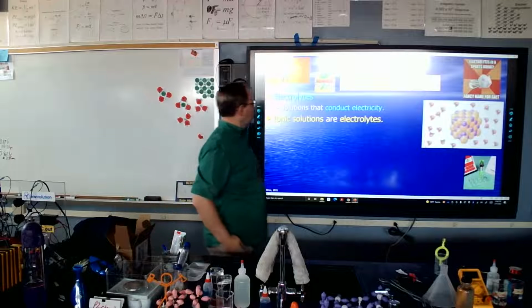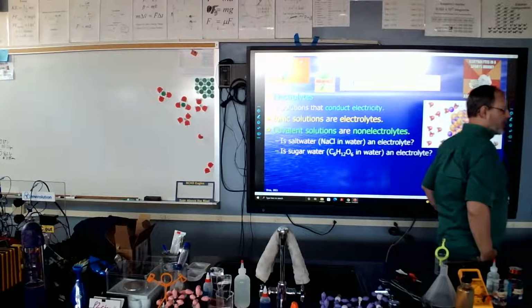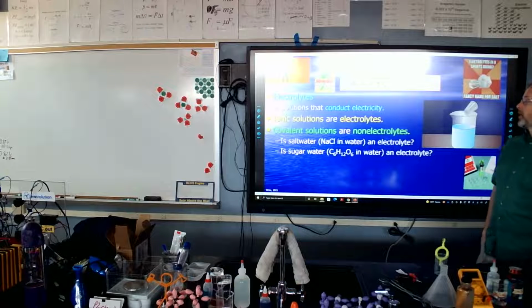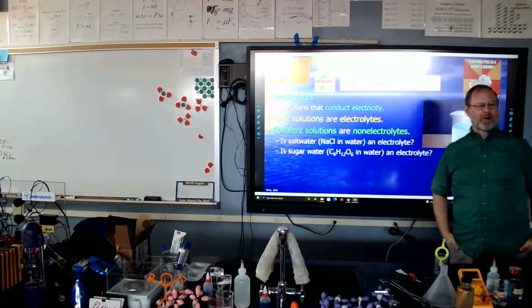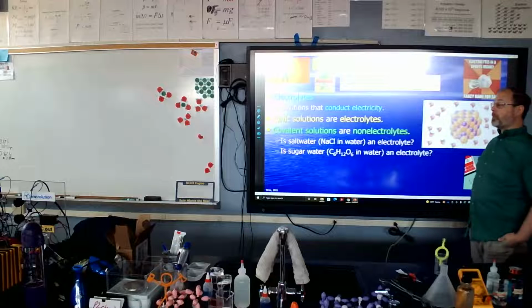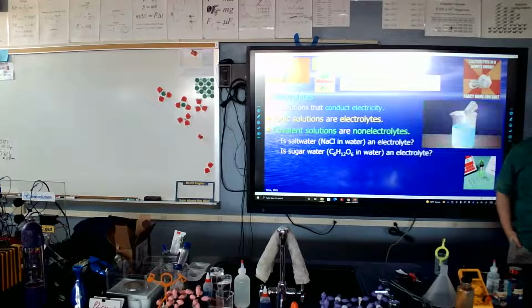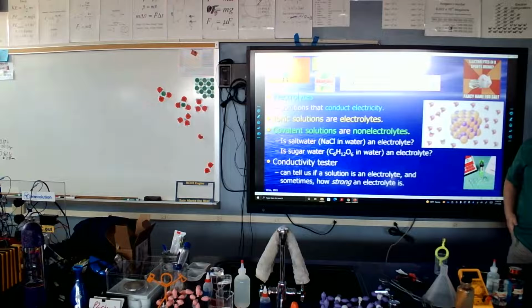That's how they do their thing. So ionic compounds are electrolytes. Covalent compounds that dissolve are not electrolytes. Covalent compounds are like sugar. Sugar is very polar. Polar things dissolve in water. Remember, polar dissolves polar. Non-polar dissolves non-polar.